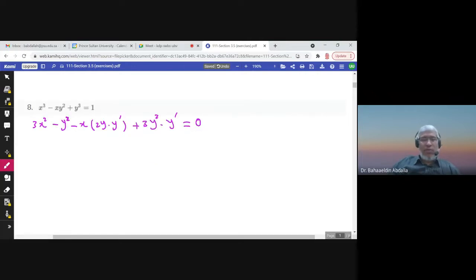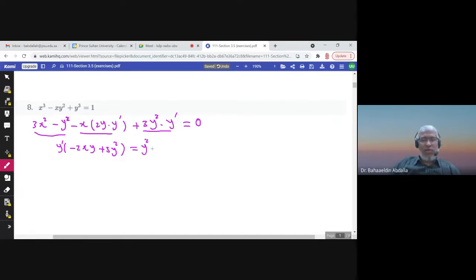Now, I will take y prime as a common factor from these two terms. So I have negative 2xy plus 3y squared. And these two terms, I'll take them to the other side.